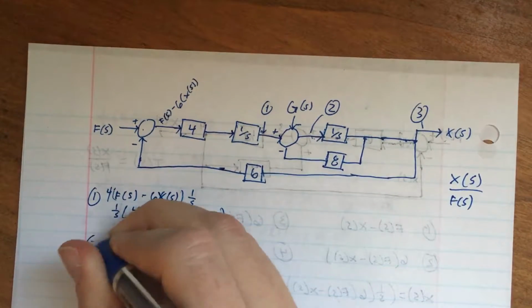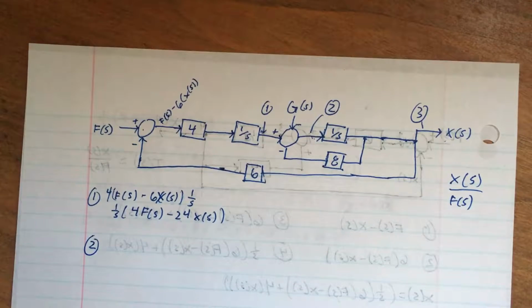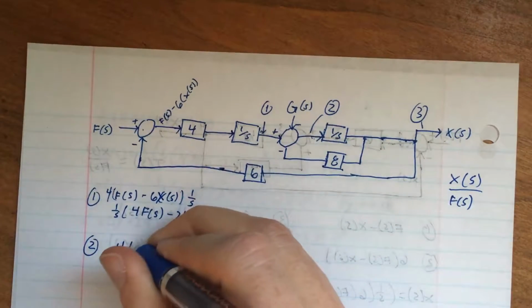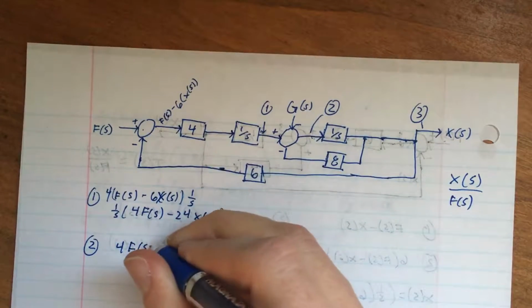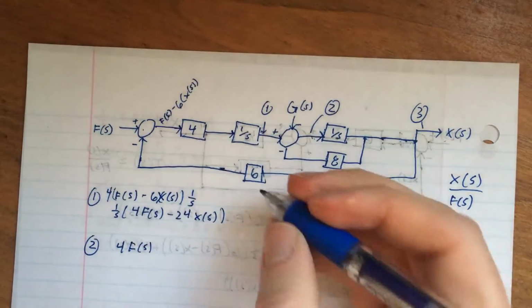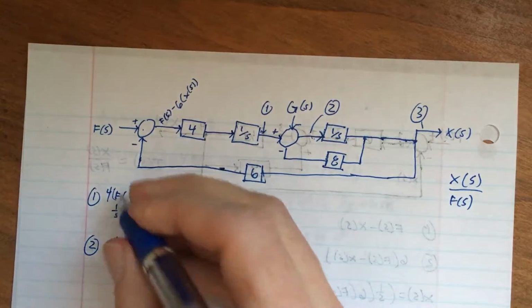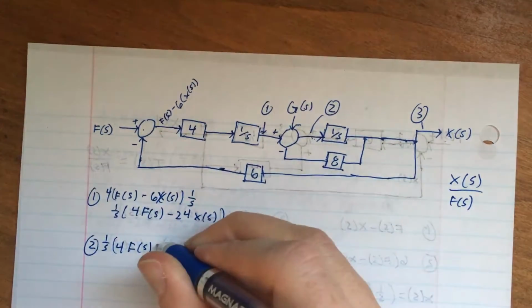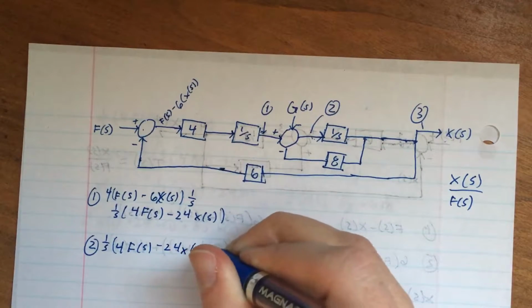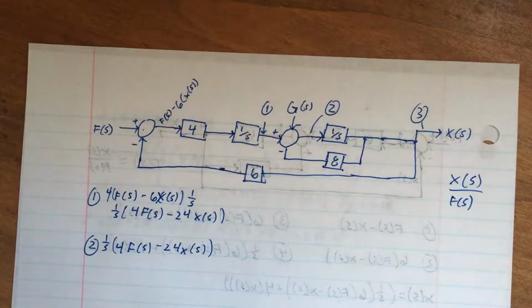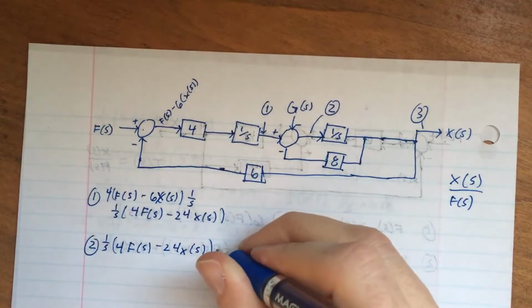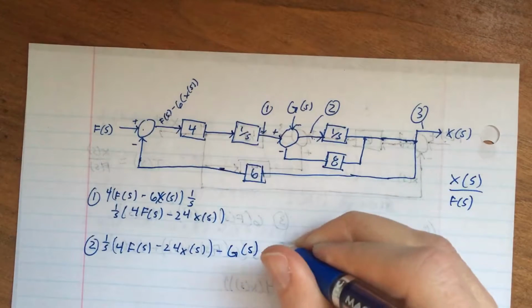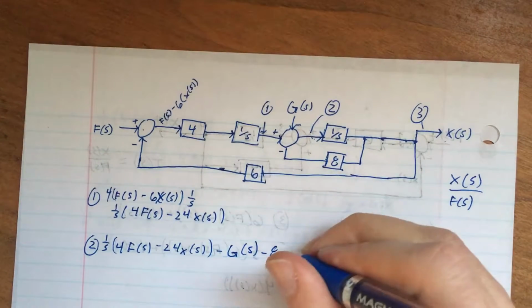So at point 2, we have 1 over s times 4F(s) minus 24X(s), and that's going to be added to negative G(s), and also negative 8X(s).